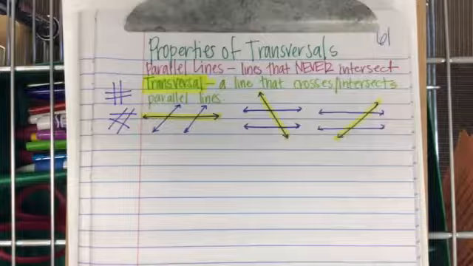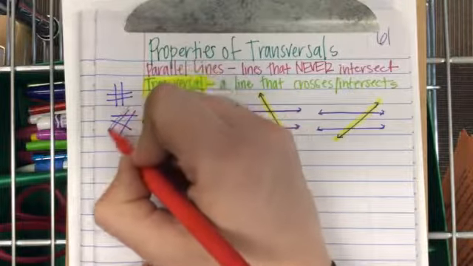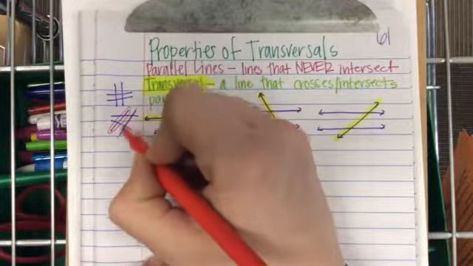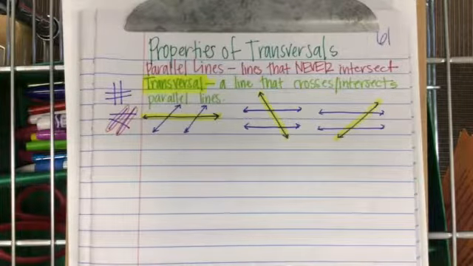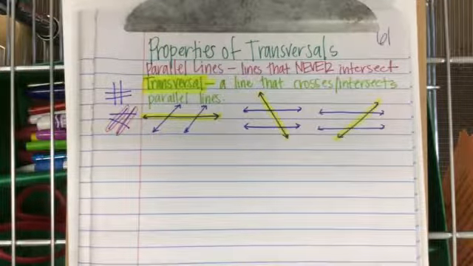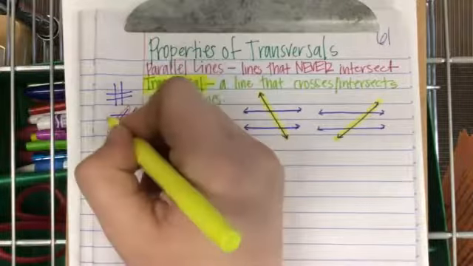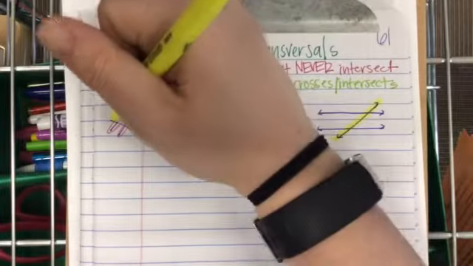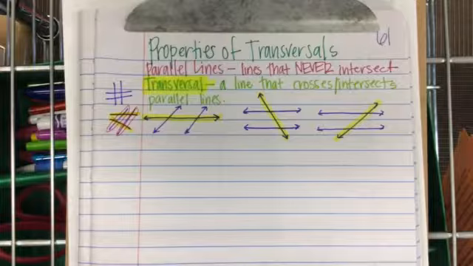Look, this is your parallel. So what are your transversals? You have two options in this problem. You could choose this guy, or you could choose this guy. It depends.